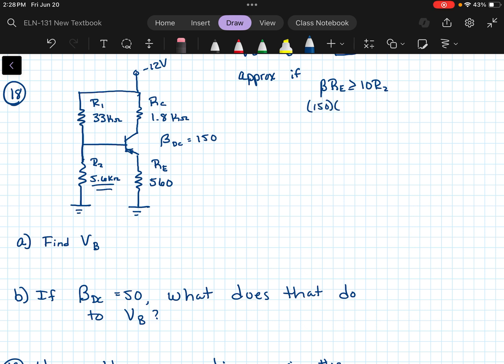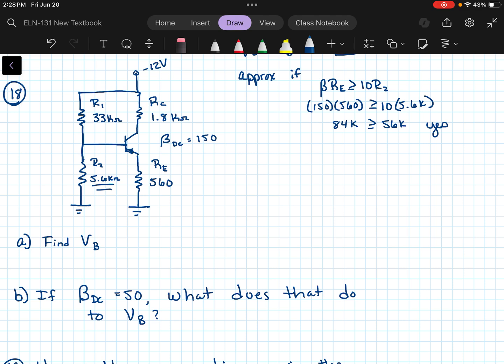If beta is 150 and RE is 560, 150 times 560 is about 84K, and 10 times R2 is 56K. So yes, we could use the approximate method here.